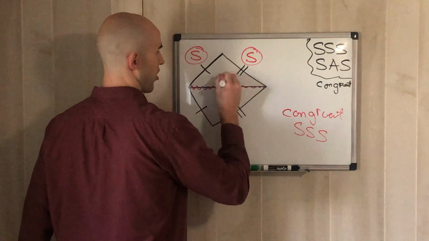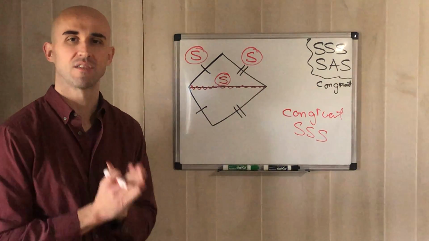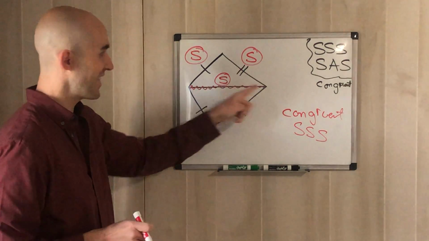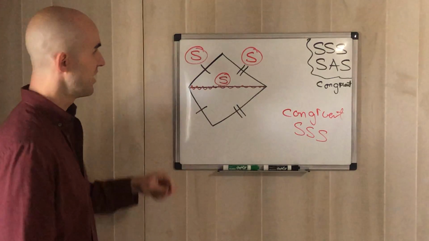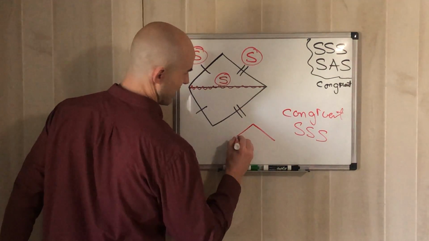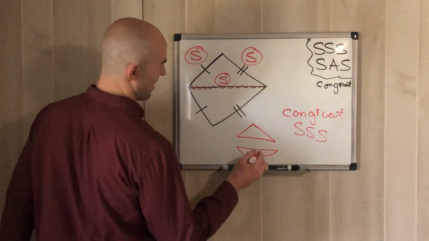So right there, that's our third side. And again, we know it's the same because even though there's no tick marks, they're together. The fact that they're together, automatically, you know that that side's going to be equal to each other. Because if I were to separate these triangles, it would look something like that.